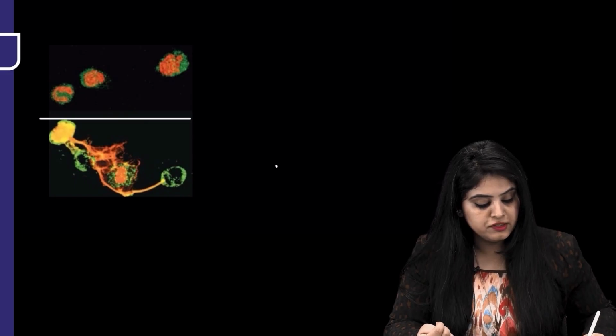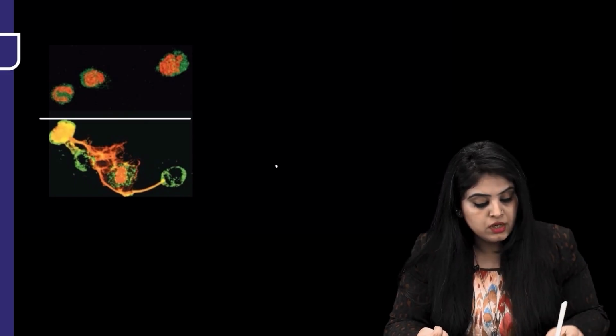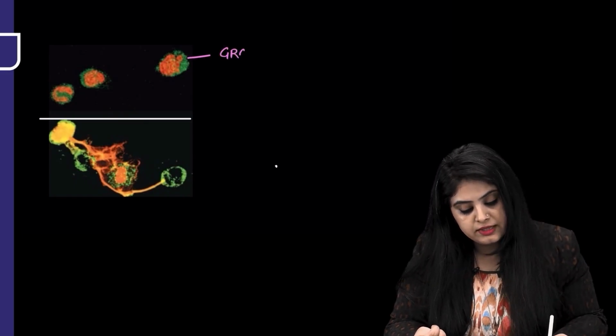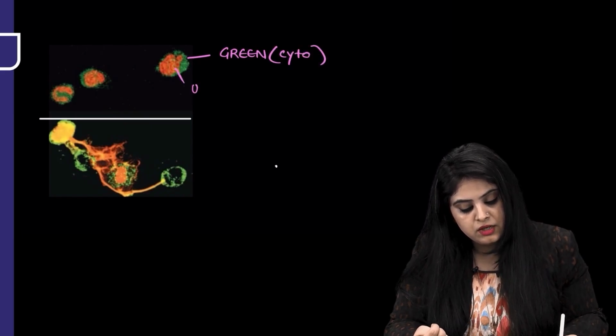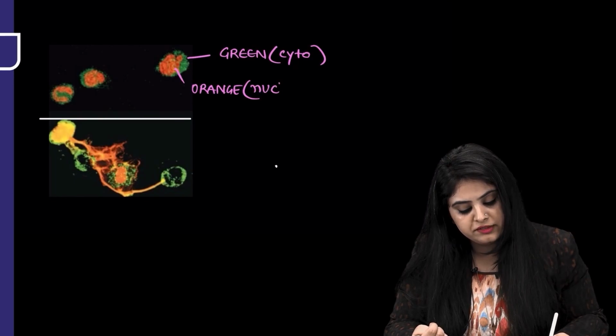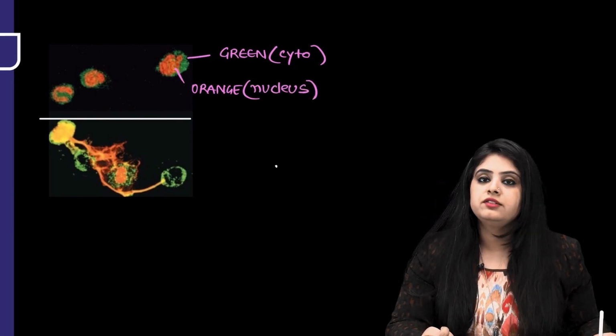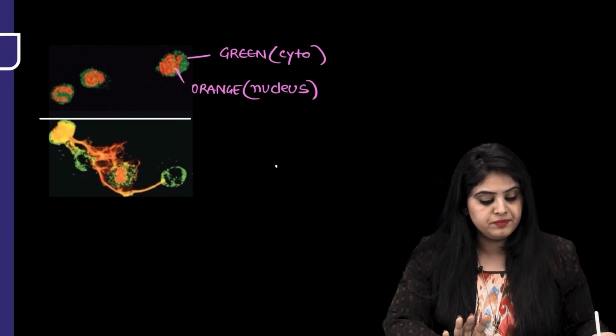Let me show you a real-time photo. This is an electron microscopic picture which all of you are going to divide into two parts. In the first part I'll give you orientation. Over here, the green color is the cytoplasm, and the orange color is the nucleus. Sounding logical? Okay.